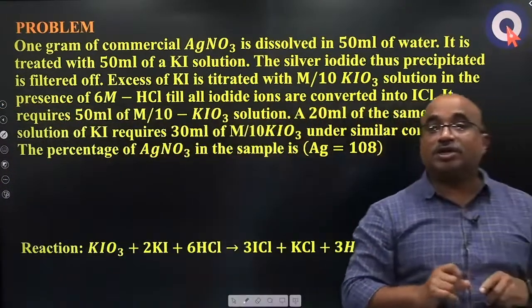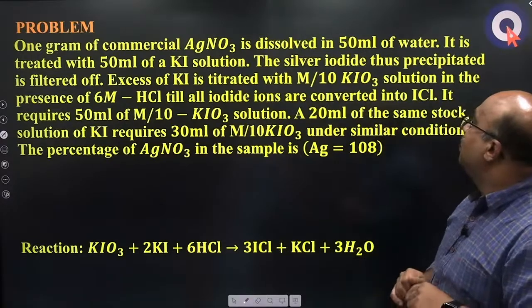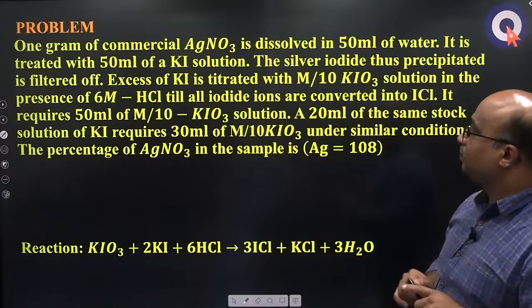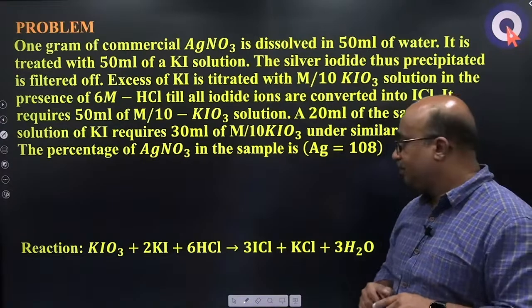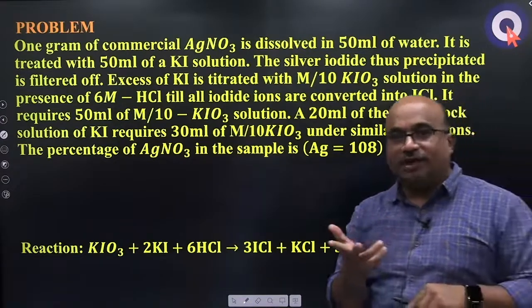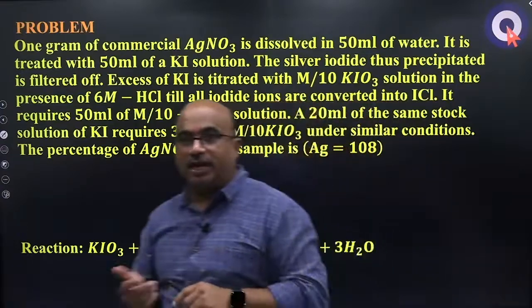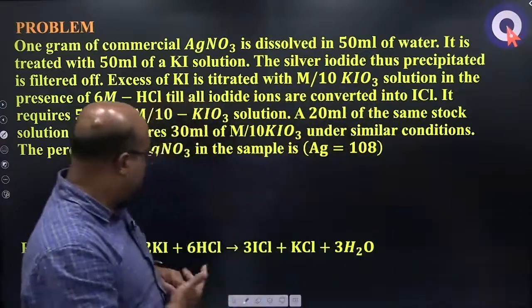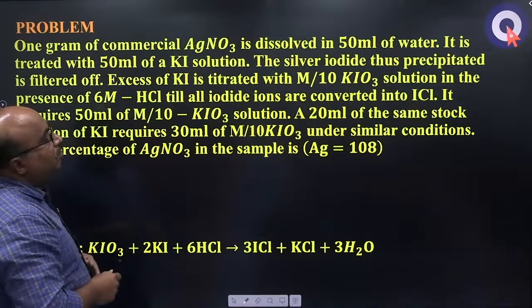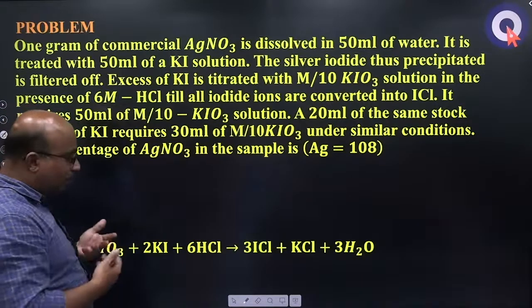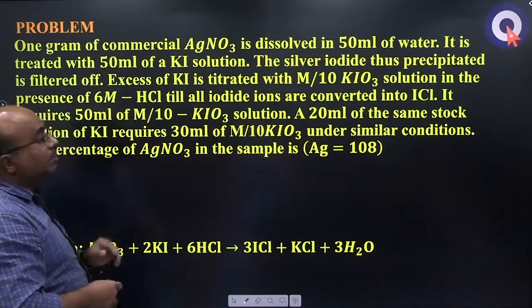1 gram of commercial silver nitrate is dissolved in 50 ml of water and it is treated with 50 ml of KI solution. We know the basic reaction of silver nitrate and KI, so I think that is the reason why they have not mentioned this reaction, but the other reaction which is required for that problem is mentioned here.